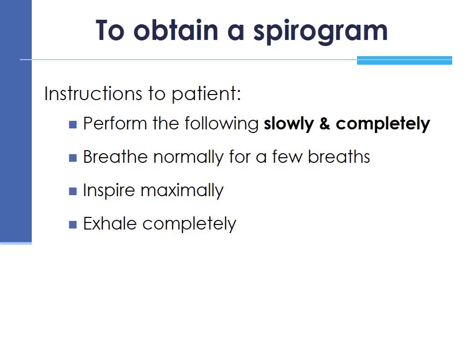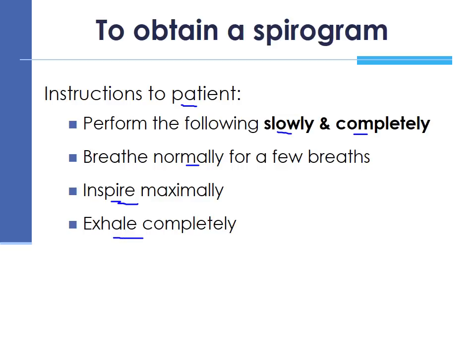So in order to obtain a spirogram, the instructions to the patient would be the following. They would be instructed to perform slowly and completely the following movements. First of all, they start by breathing normally for a few breaths. This is then followed by a maximal inspiration, followed by a complete exhalation.